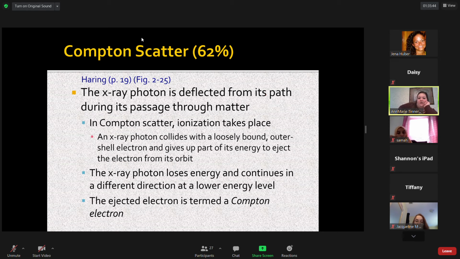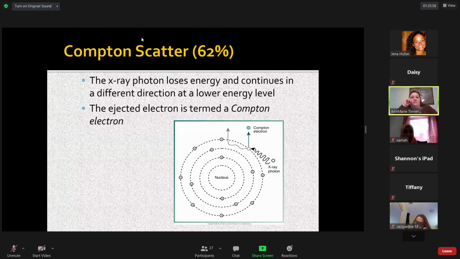Any electron that's ejected from its shell is termed a Compton electron.